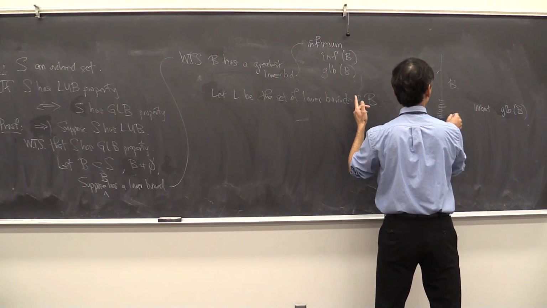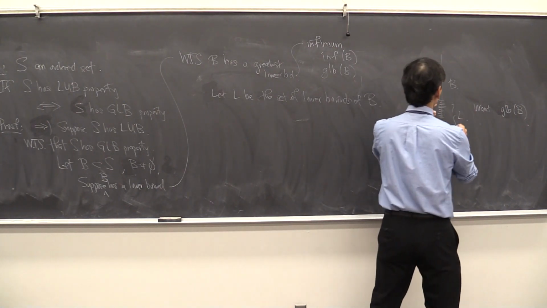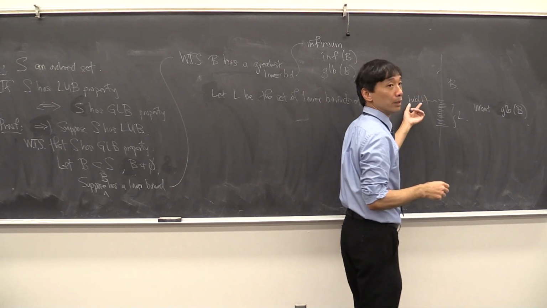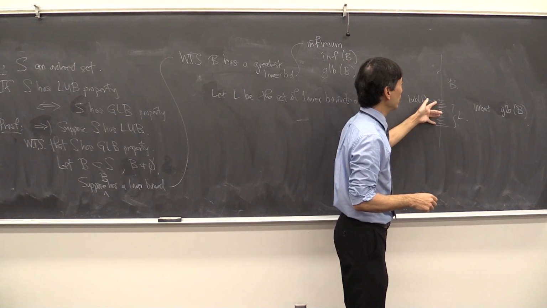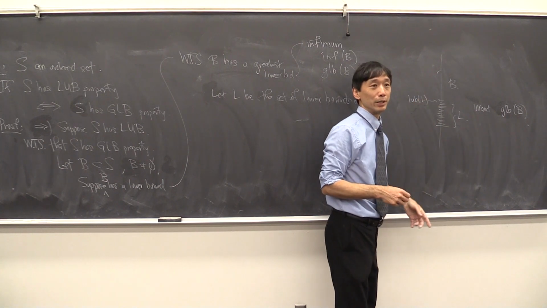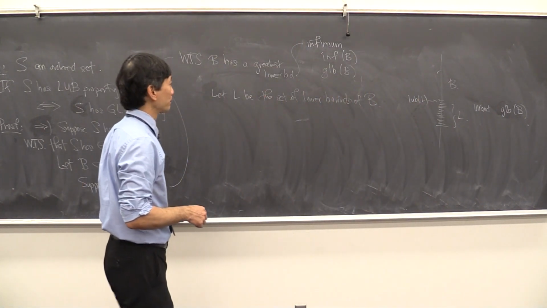We're going to consider the least upper bound of L. Hopefully that will be the greatest lower bound of B. So that's the strategy, and it's a natural thing to do.